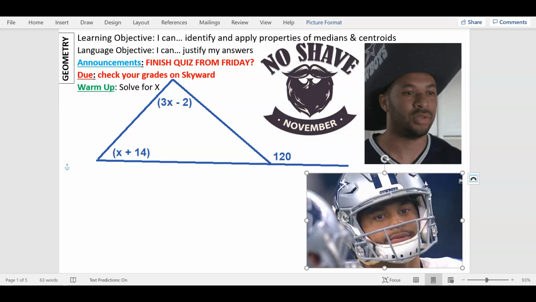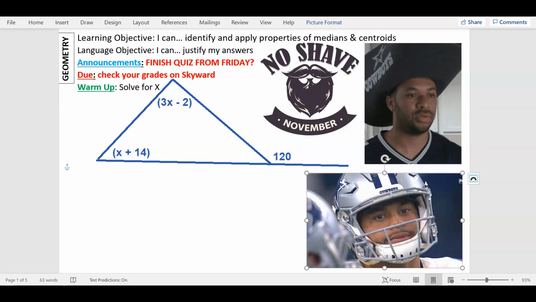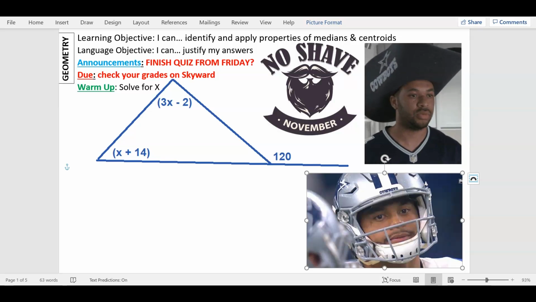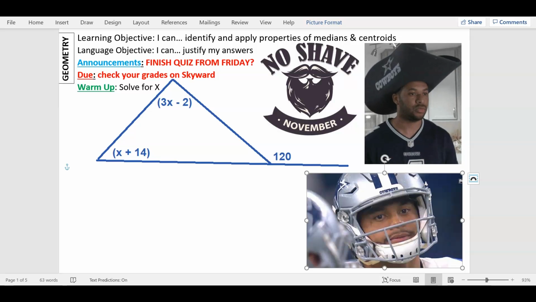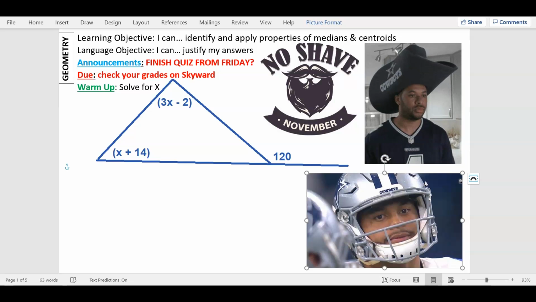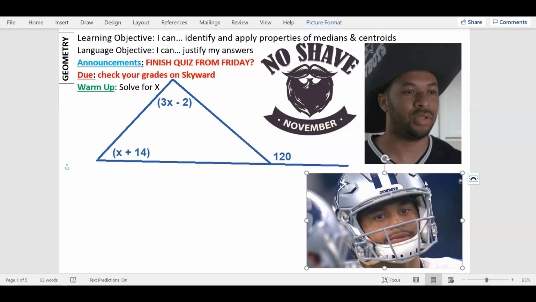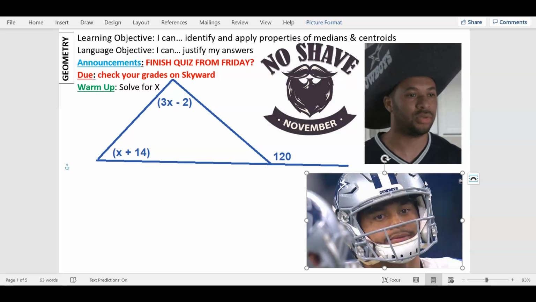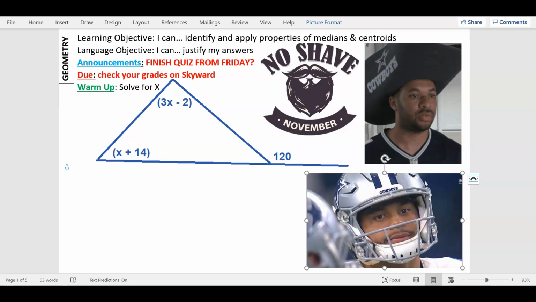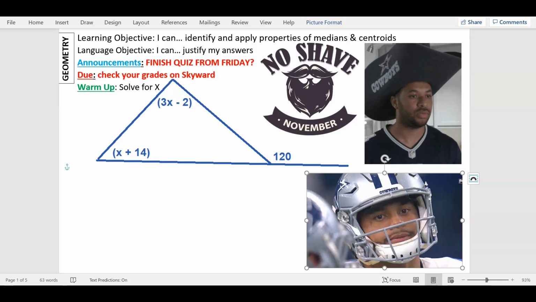This is stuff we did last week. Exterior angles. We learned that the outside angle equals the sum of the remote interior angles.